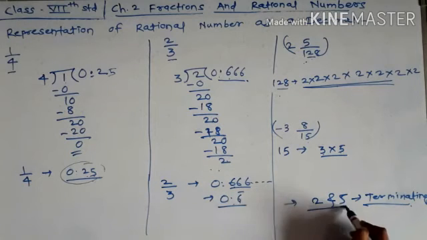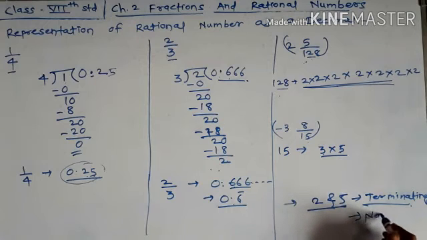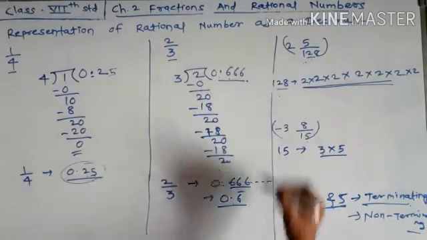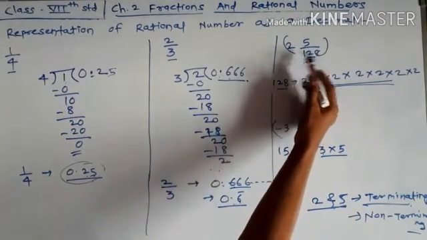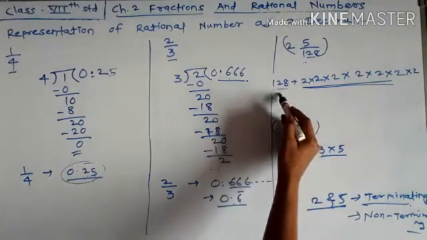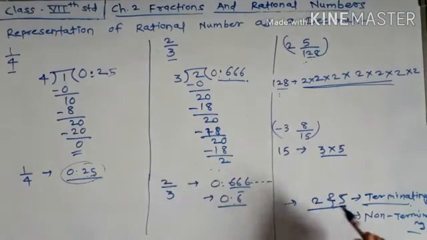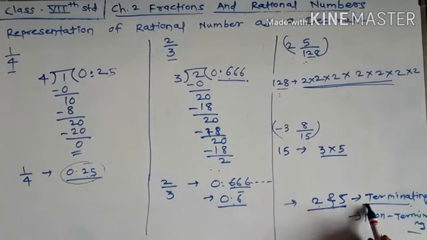And if it has prime factors other than these two, then it will have the non-terminating decimal representation. In the first example, 25 upon 128, the denominator is 128, which has only one prime factor, that is 2. So it will have the terminating decimal representation.